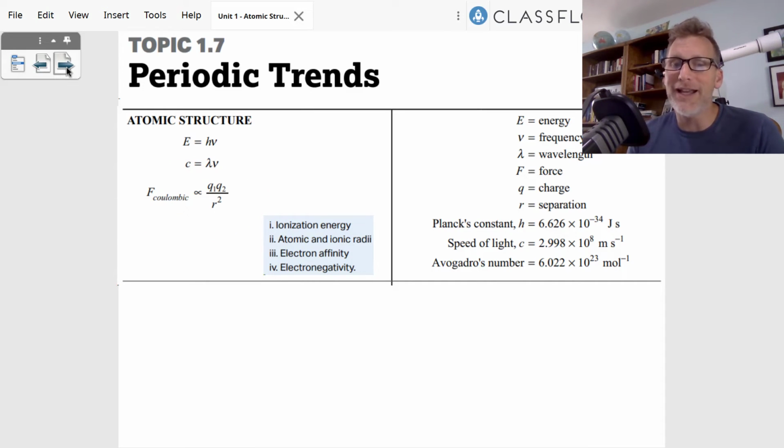And we're going to be talking about ionization energy, the binding energy of an electron, how much energy it takes to remove an electron, atomic and ionic radii, electron affinity, which is just the affinity for an electron, and electronegativity, which is the attractiveness of an electron in a bond.